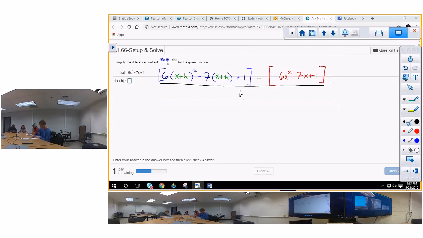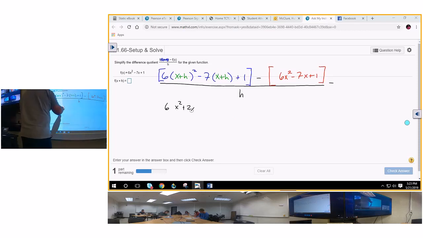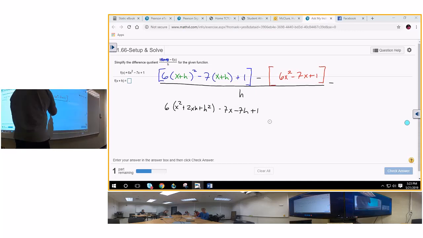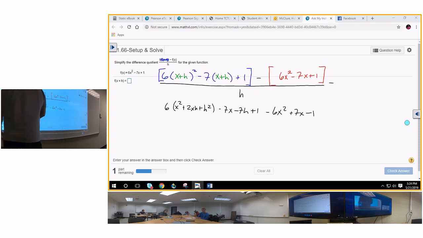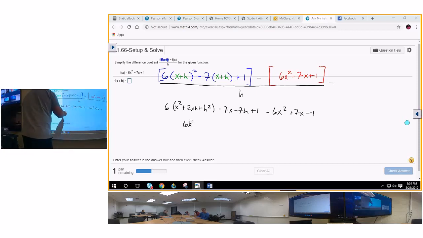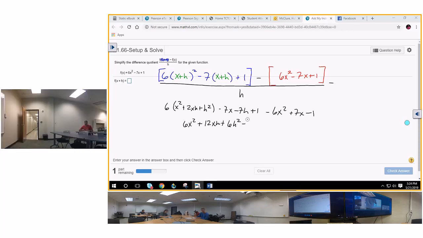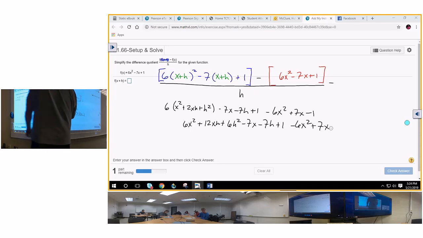So that's going to give us 6 times x squared plus 2xh plus h squared, that is our shortcut number 1, minus 7x minus 7h plus 1 minus 6x squared plus 7x minus 1. That becomes 6x squared plus 12xh plus 6h squared minus 7x minus 7h plus 1 minus 6x squared plus 7x minus 1, all over h.